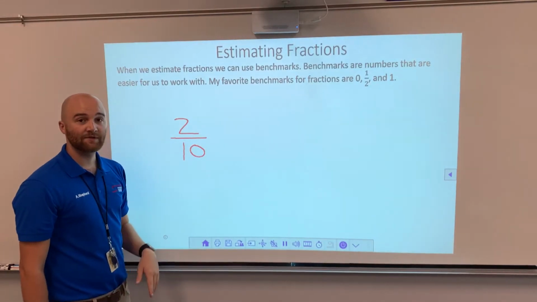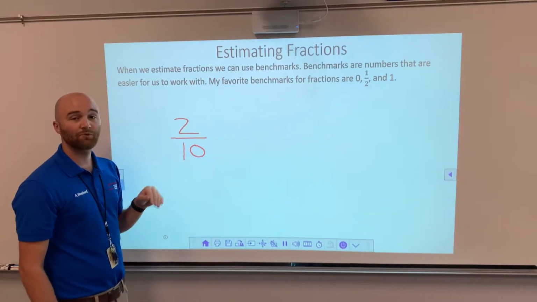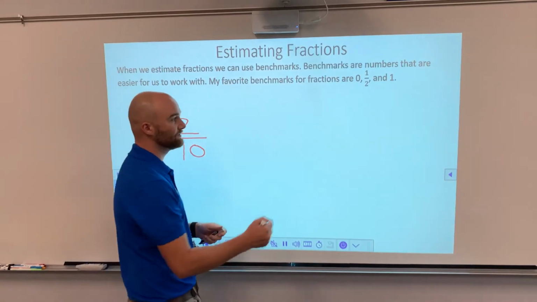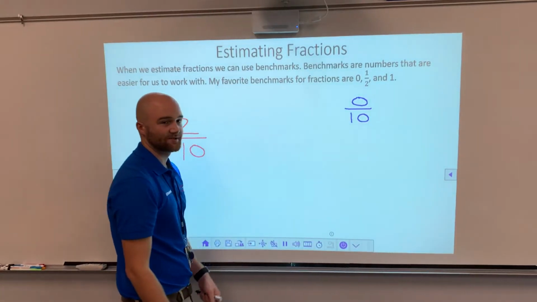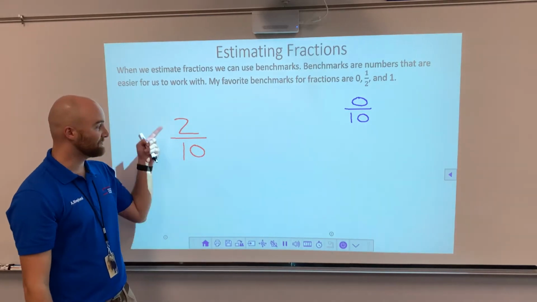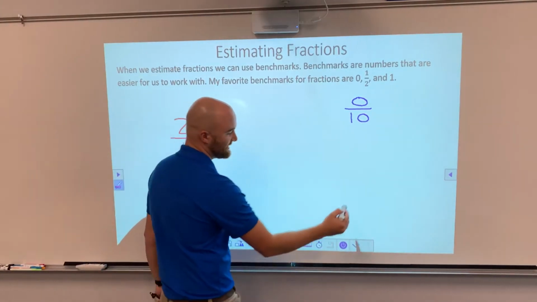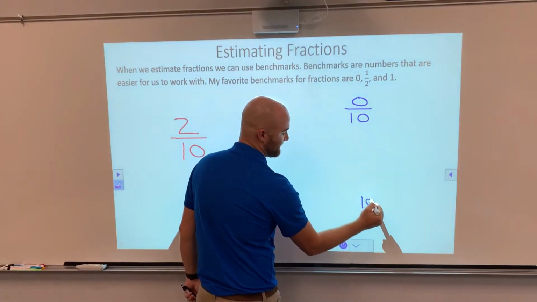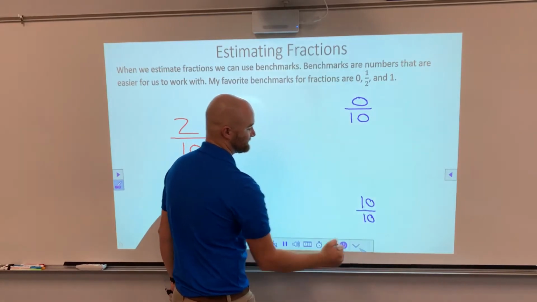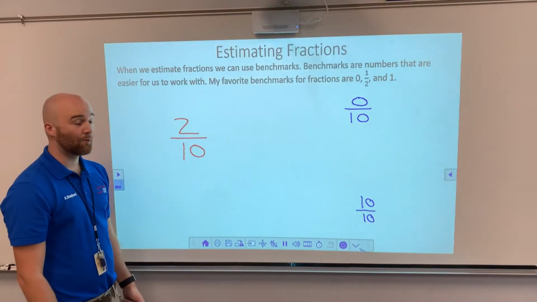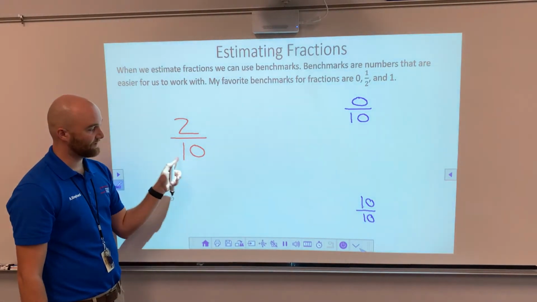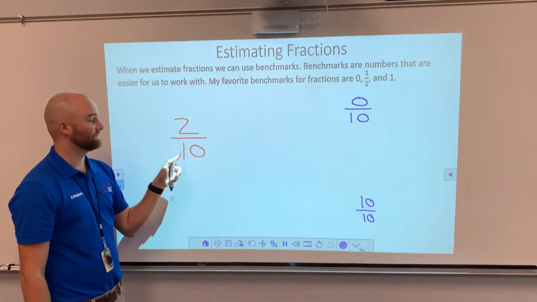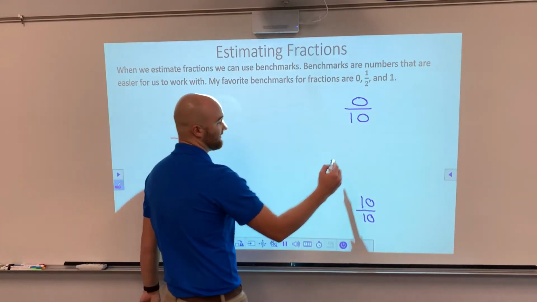The next thing I'm going to do is say, how many tenths would be about 0? Well, 0/10 would be about 0. How many tenths would be about 1? Well, that would be 10/10. Then I need to figure out what half of my denominator is. Half of 10 is 5.